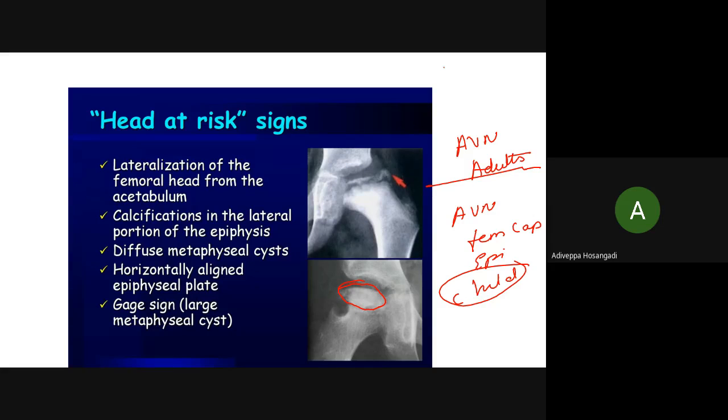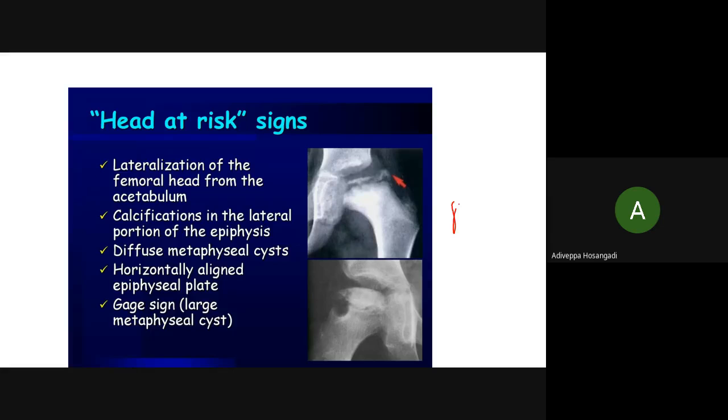Just like you differentiate rickets in children and osteomalacia in adults, both caused by vitamin D deficiency. Please remember, similarly, avascular necrosis in adults is different. Avascular necrosis of the femoral capital epiphysis in children is called Legg-Calvé-Perthes, or to make it simple, Perthes disease.